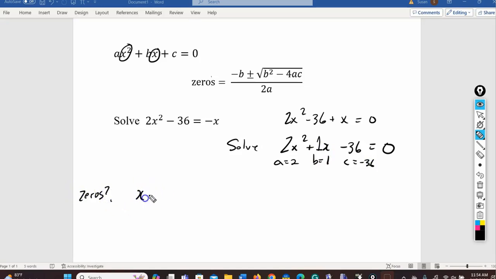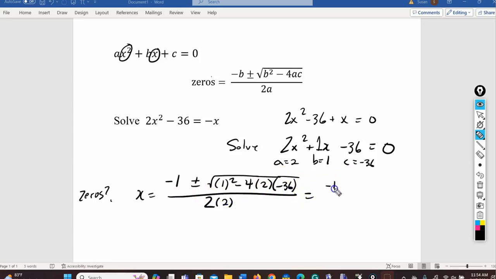are going to be x is equal to negative b plus or minus the square root of b squared minus 4 times a times c all over 2 times a.